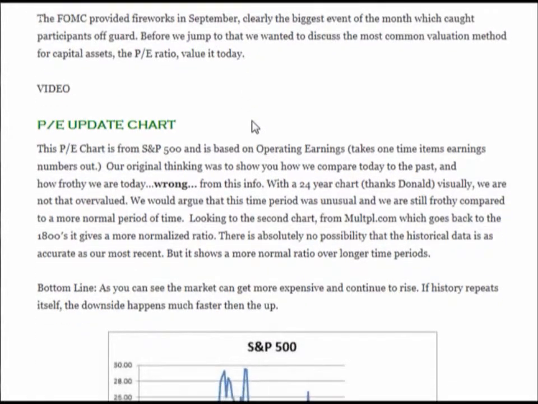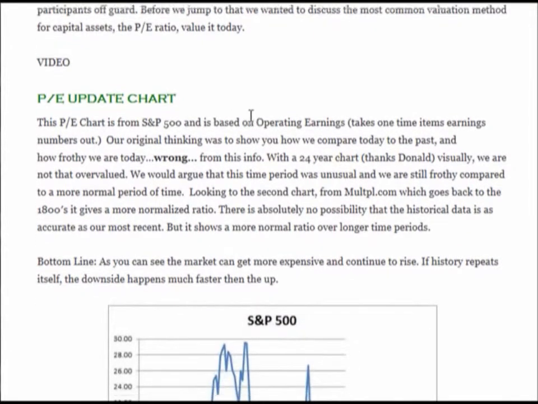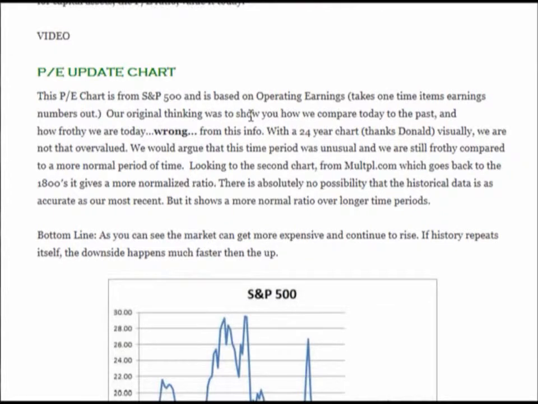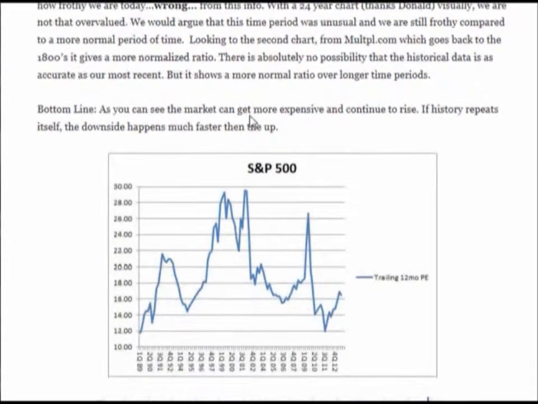The first part of this post, our monthly review and quarterly review, is a PE chart. When we originally did this, we expected to see a chart that actually looked like we would be in here somewhere, almost the upside down version of this chart. We expected, here's where we are, and here's where we've been over the past 25 years. What we expected to see is way up here.